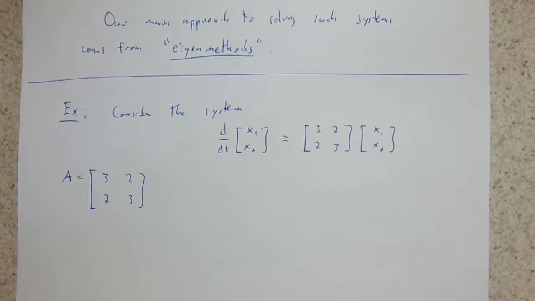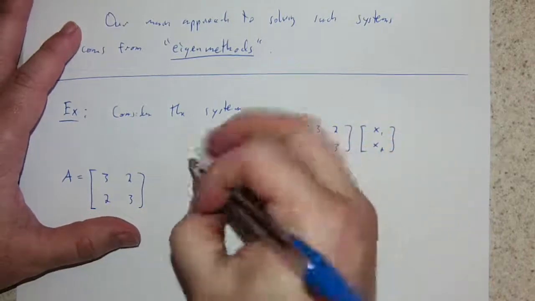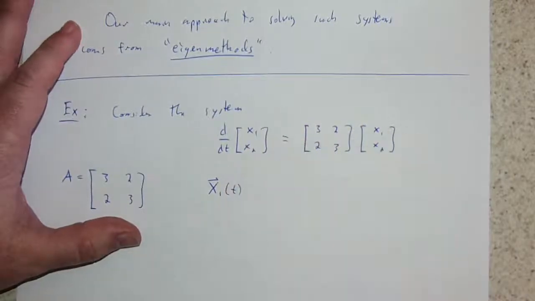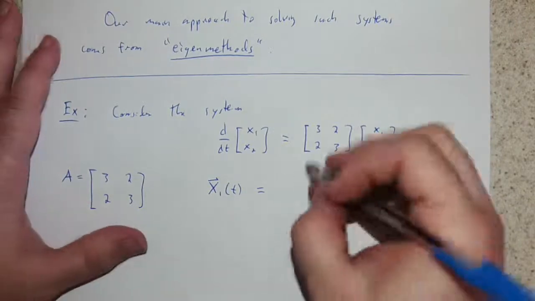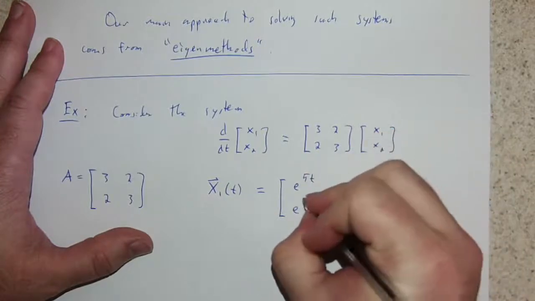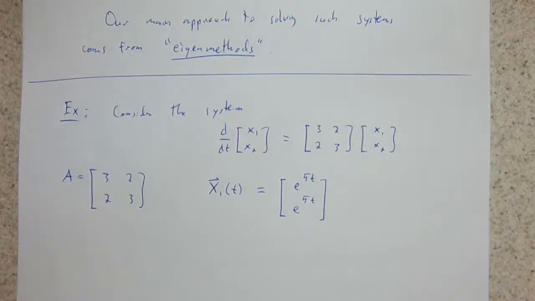Okay. Well, I want to check a vector that I'm going to call big X1 of t. So big X1 of t is the vector containing the functions e to the 5t, e to the 5t.